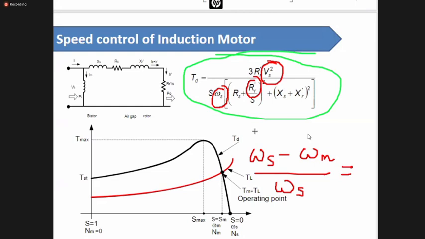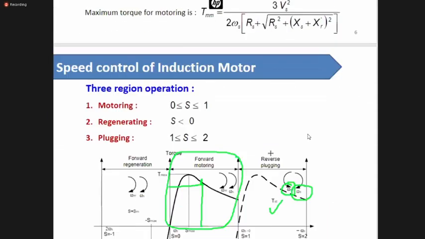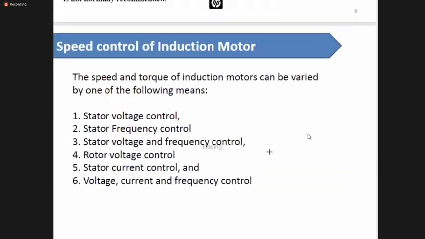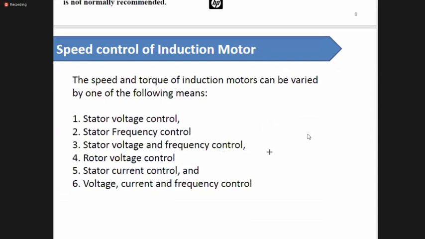And there are a few other steps as well, like you can combine voltage and frequency together and eventually control the torque. So if we try to find the techniques through which I can control the speed of an induction motor, you can summarize them: stator voltage control, stator frequency control. You can combine both to have precise control, like stator voltage and frequency control.